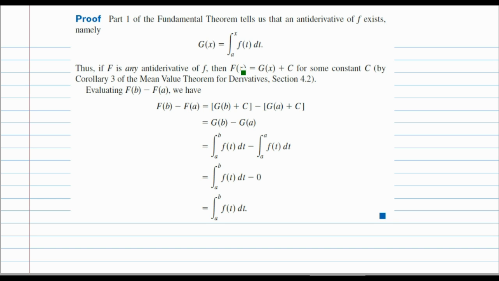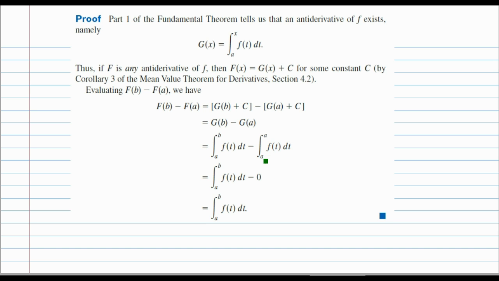So now by this definition, capital F of b is capital G of b plus a constant, minus capital F of a, which is capital G of a plus a constant. Those constants cancel out, much like we've seen in the past, and we have capital G of b minus capital G of a. By the definition here, capital G of b is the integral from a to b of f of t, and capital G of a is the integral from a to a of f of t.